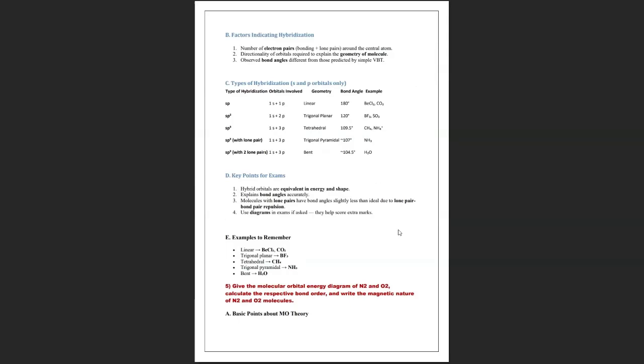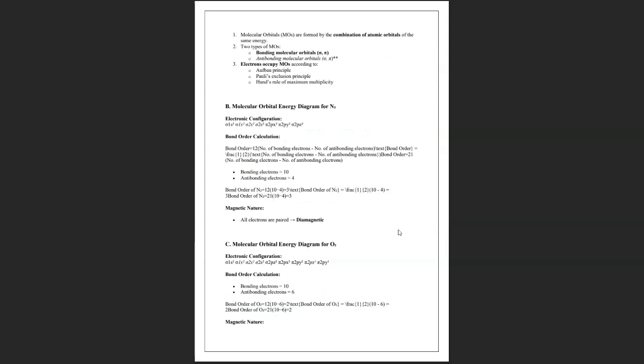As before, first we write the introduction and definition of molecular orbital theory, and then draw the correct MO energy diagram and calculate bond order step by step as I have given here.